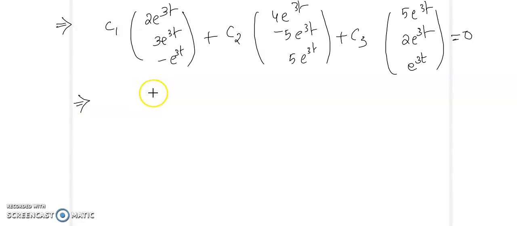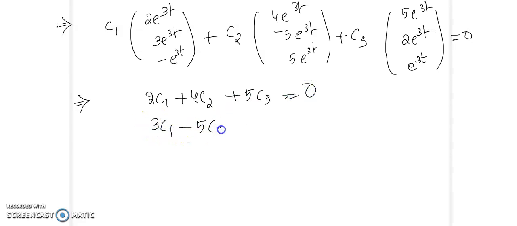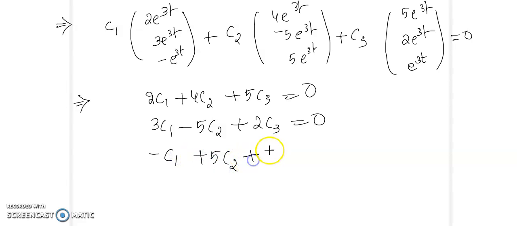So e raised to 3t is common in all the components. So that will give us the equation 2c1 plus 4c2 plus 5c3 equal to 0. Second equation is 3c1 minus 5c2 plus 2c3 equal to 0. And minus c1 plus 5c2 plus C3 equal to 0. So this is a system of the form AX equal to 0.